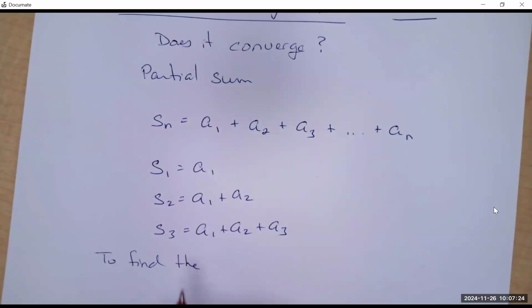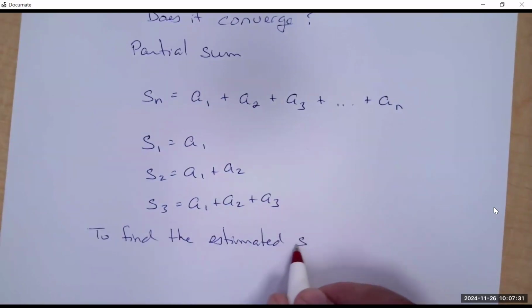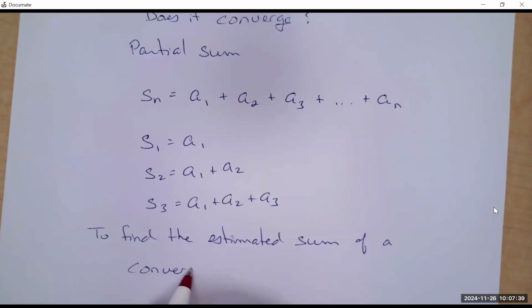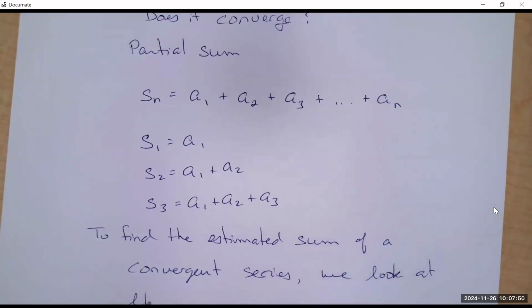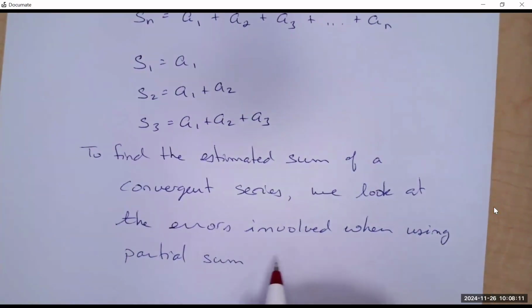To find the estimated sum of a convergent series, we look at the errors involved when using partial sums as approximation tools.